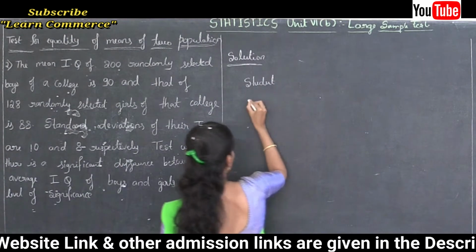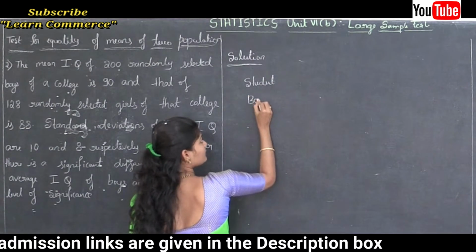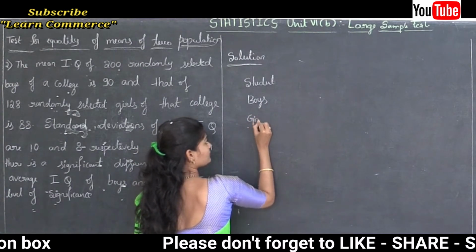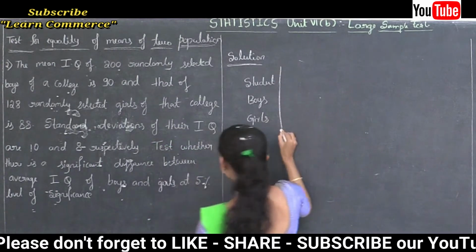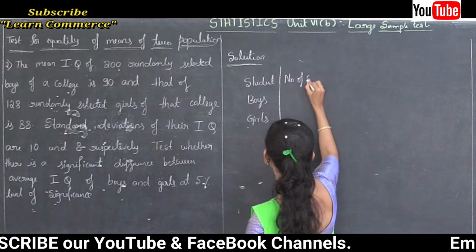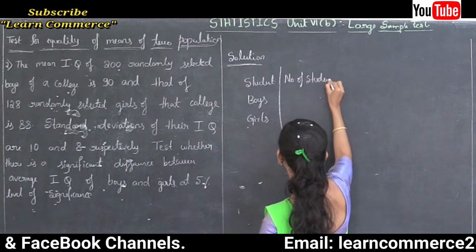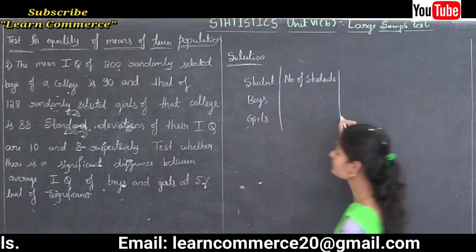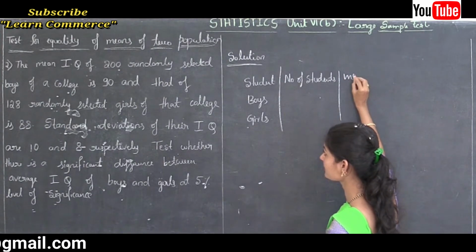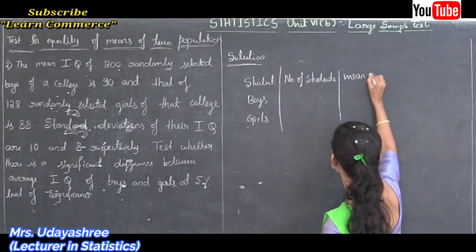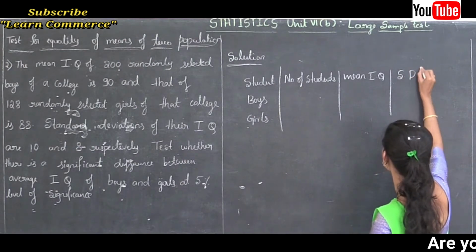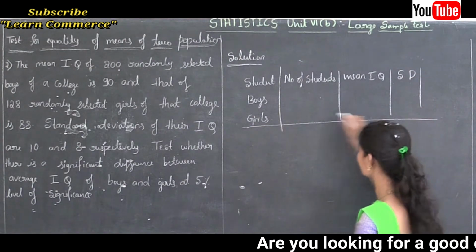Sample 1 is boys and the second sample is girls. Next, the number of students is given. Next, mean IQs are given. Next, standard deviation is given. These are the given observations.